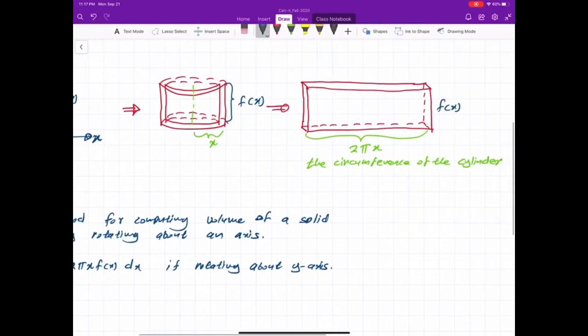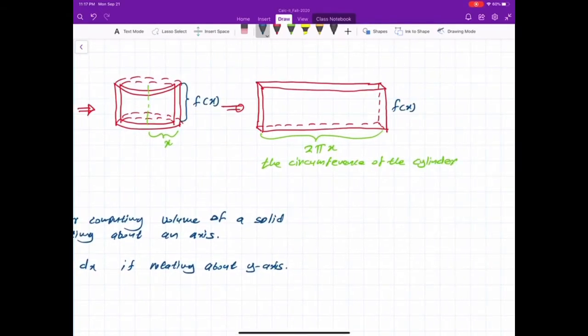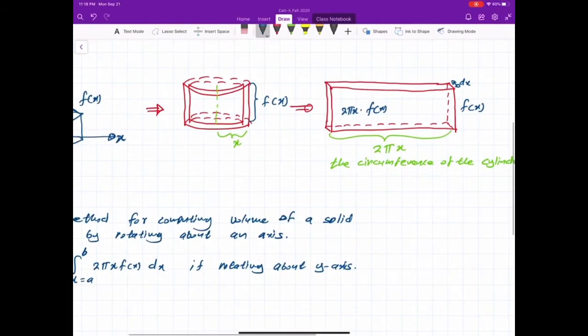Okay, now let's go back. The volume of this object can be given as f of x times 2 pi x, and then there's a small width. You could just consider this width as dx. All right, so that's the volume.